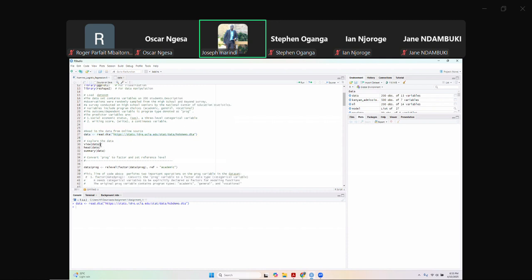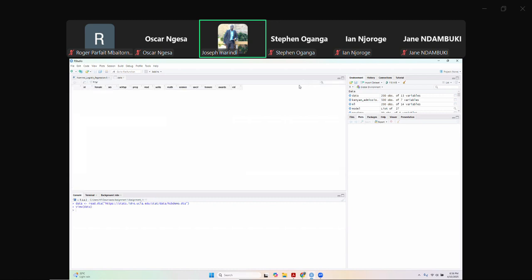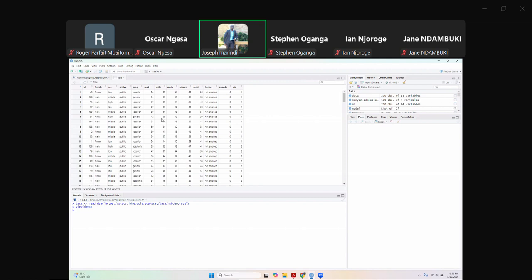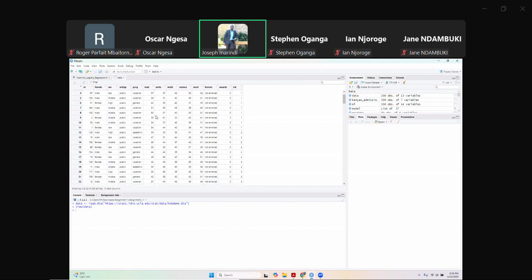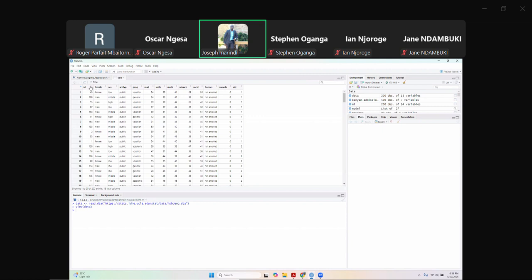And then we will perform exploratory statistics. Basically, we want to view what the data looks like. When we use view, it brings up the data in form of a table, as you can see. These are some of the variables loaded on the screen.